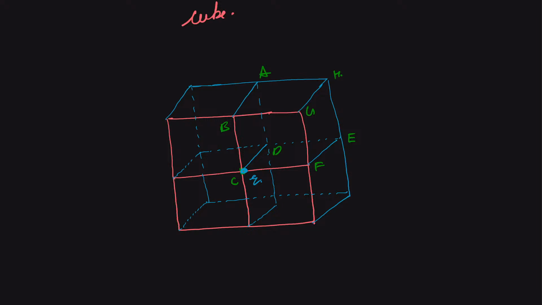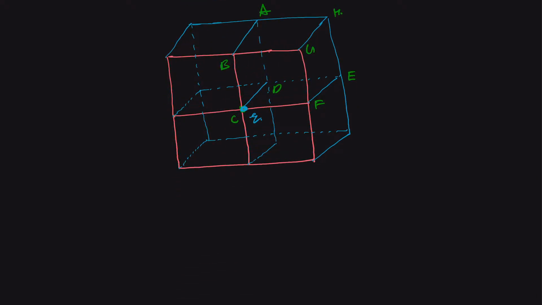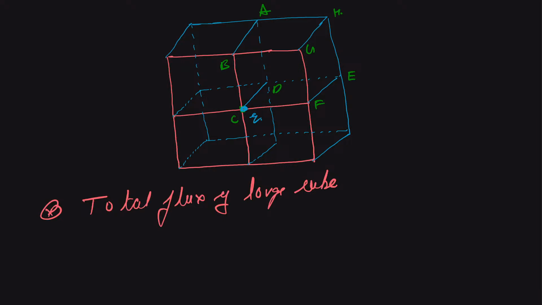And so it means that now let us discuss everything with respect to this larger cube, and then we come to our smaller cube. Therefore we can say that the total flux of the large cube, let us call this phi large, will be equal to the charge enclosed upon epsilon naught.